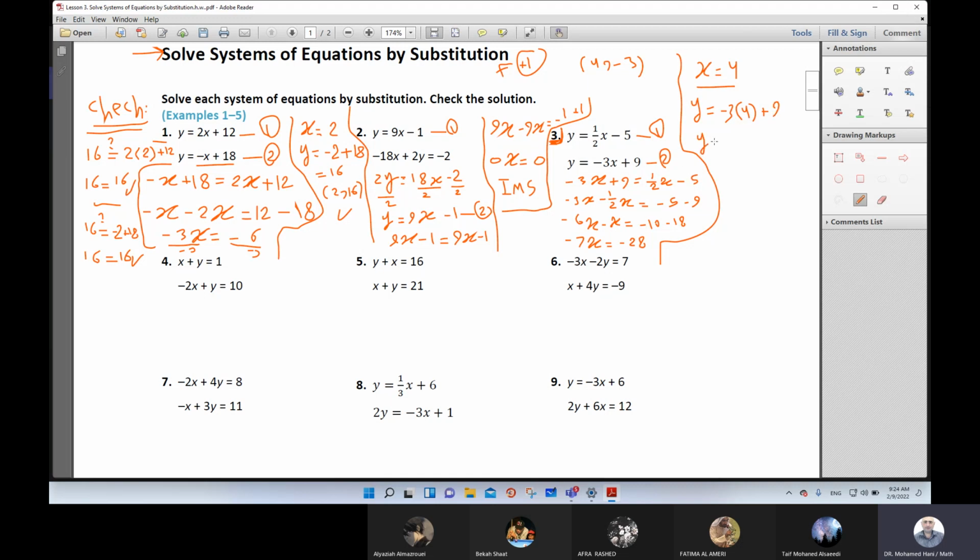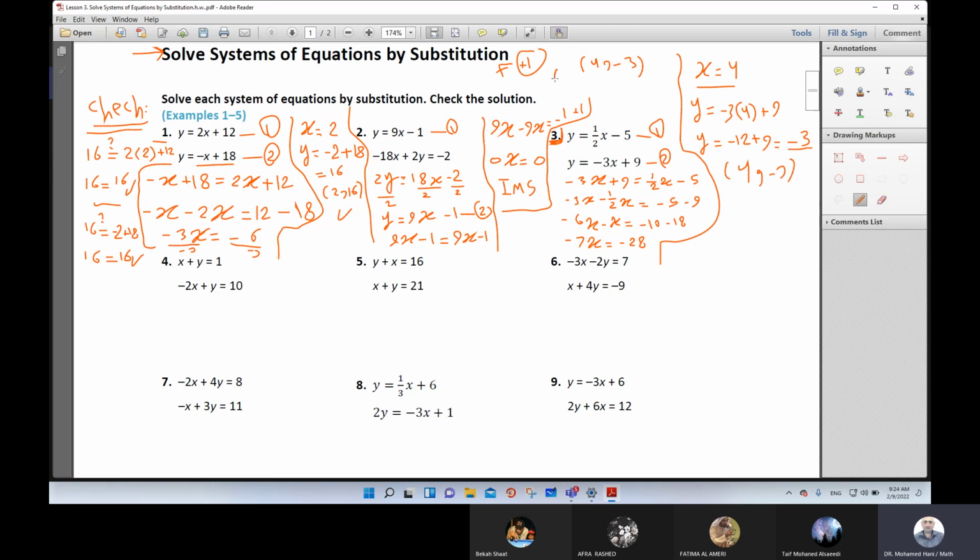So y equal -3 times 4 will be -12, plus 9. So negative 12 plus 9 will be negative 3. So the common solution will be 4 in x and negative 3 in y.